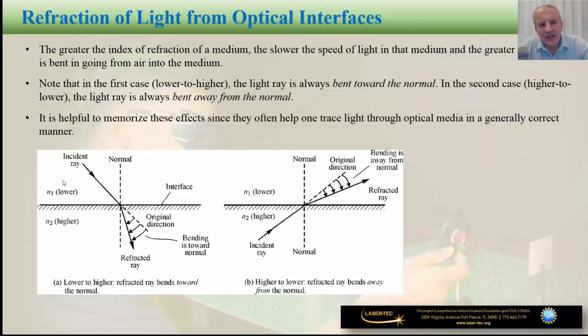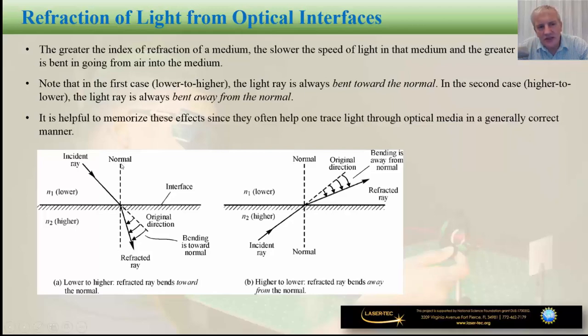Now, it turns out that when light propagates from an optically less dense medium into an optically more dense medium, again, optically less dense is the medium that has a lower index of refraction. So here we have the optically less dense medium above the surface, and below the surface we have the optically more dense medium. It turns out that the refracted light ray is going to bend towards the reference line.